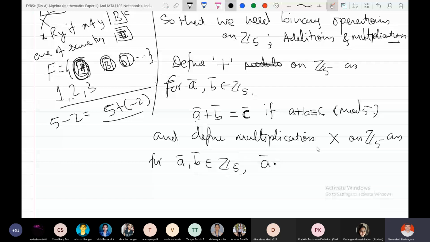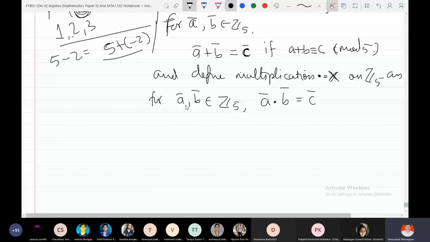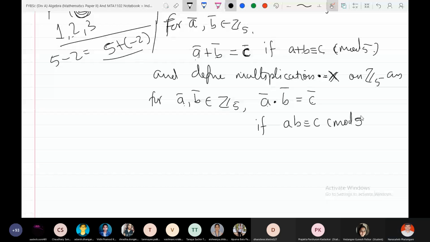A bar dot B bar is equal to C bar if AB is congruent to C modulo 5. So what is the multiplication of these two objects? The multiplication of these two objects is C bar if AB is congruent to C modulo 5. That means the multiplication of these two classes is a new class C bar. What is C bar? C bar is a class whose representative is C. What is C? The AB congruent to C modulo 5.